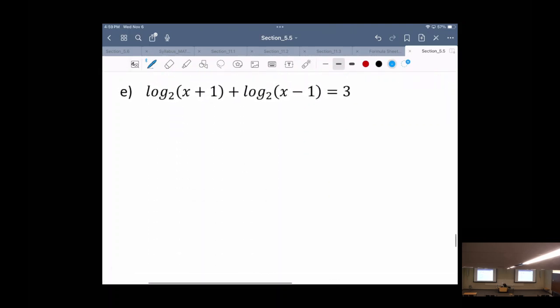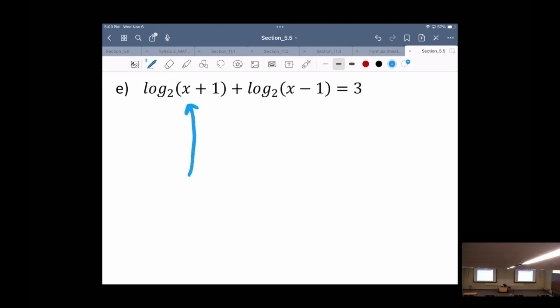Here's an interesting one. We haven't used this property before on this worksheet, so it would be good to use that. Remember this? Which property is this? So let me explain how. I hope you already have your answer, by the way. But when I look at this, it's clear that they want us to solve for x, right?